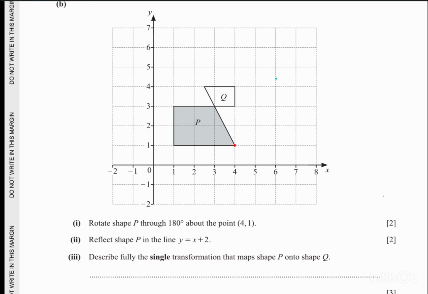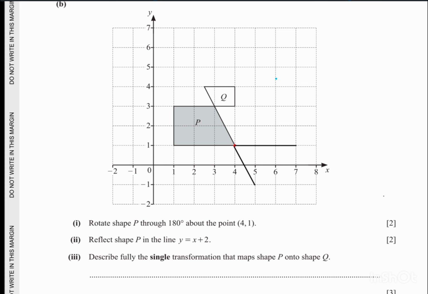Now if I rotate 180 degrees, this line will be exactly beside it, like this. So just do that. 180 degrees will be this line, and this line will be exactly the same way down, like this. So draw that.